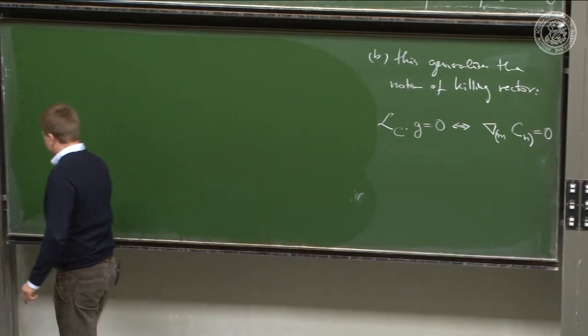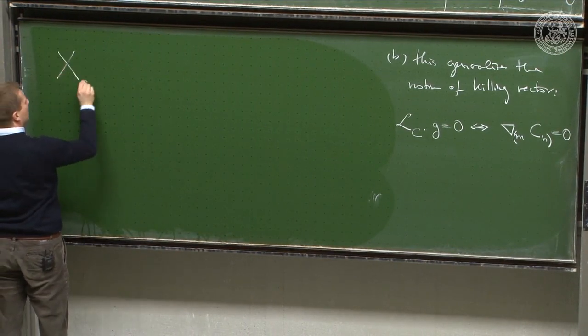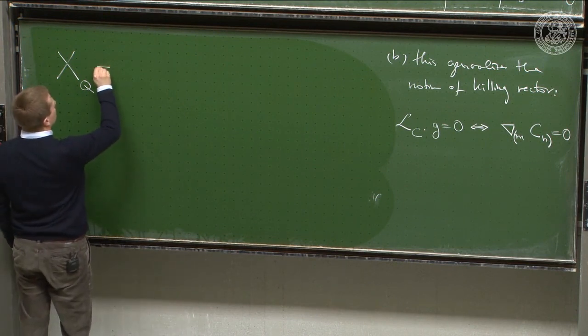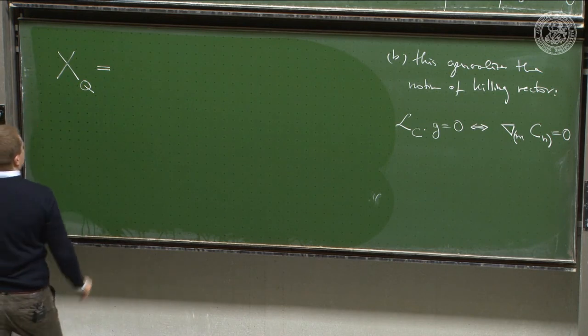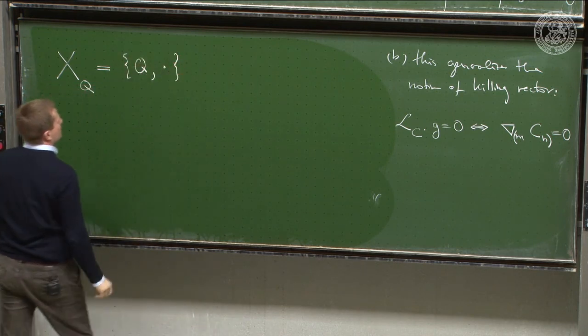In order to study that symmetry, we need to look at the vector field that's induced by the Q, the Hamiltonian vector field. And that's nothing but the Q with an open slot.